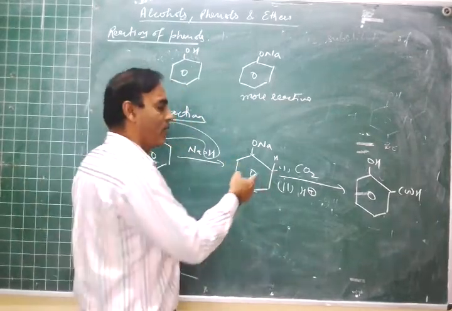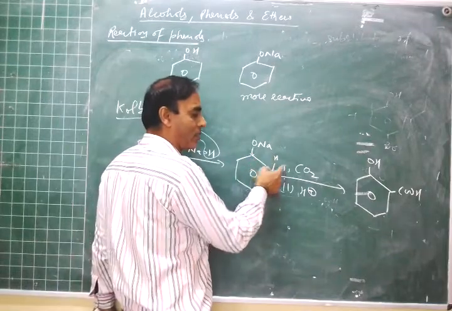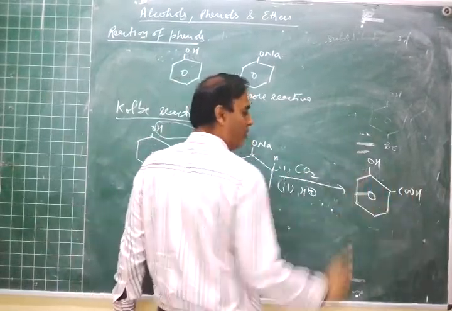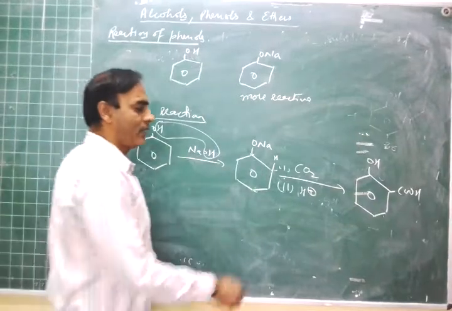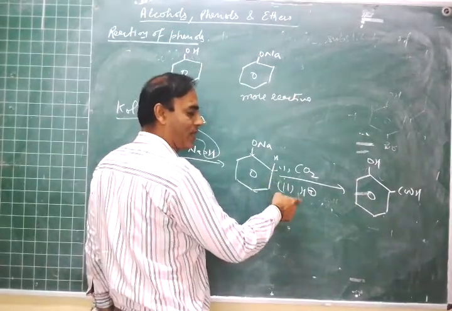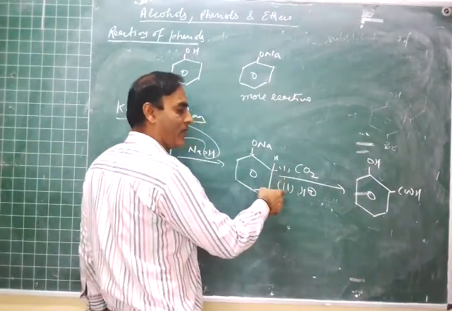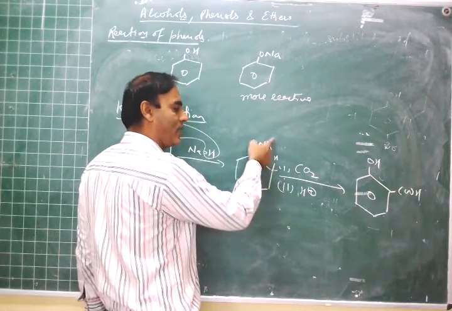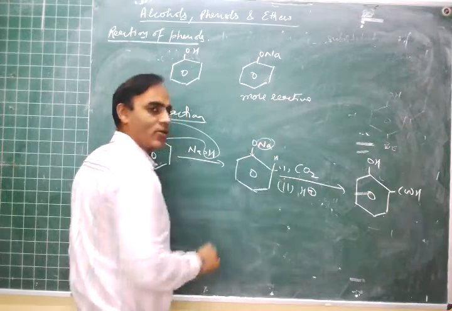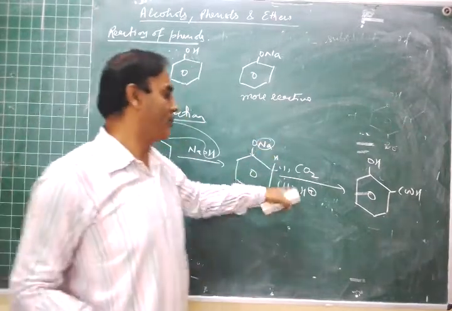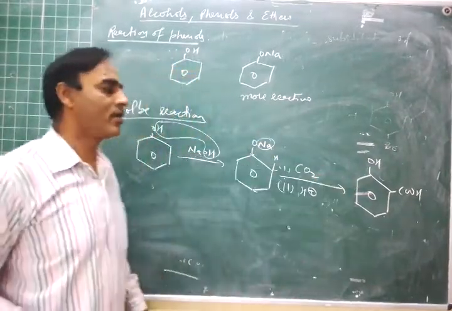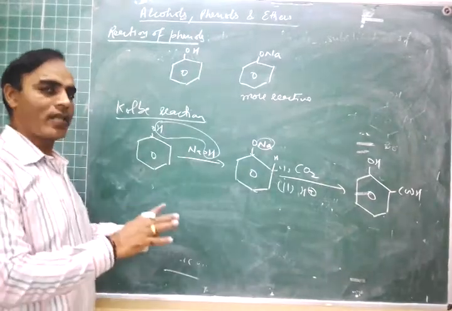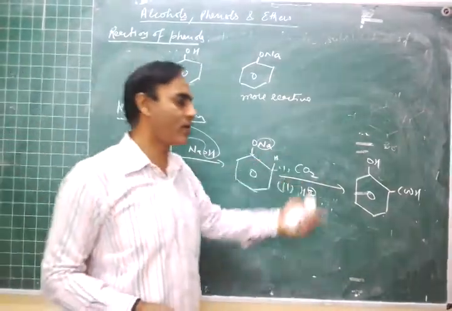You can show it, and between this carbon and hydrogen, CO2 comes, and then this becomes COOH. And then in the second step of this reaction, H plus ions are used, and this H plus ion replaces this sodium ion. So H will come here, right? We have not shown the other products. We have shown only the main products here.